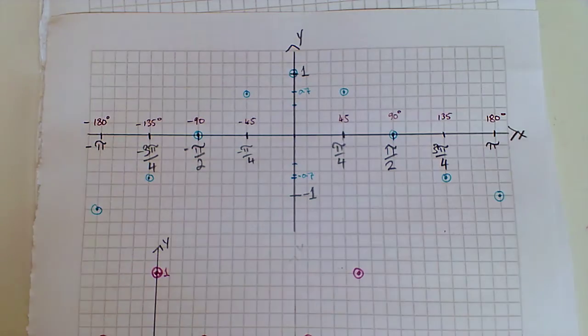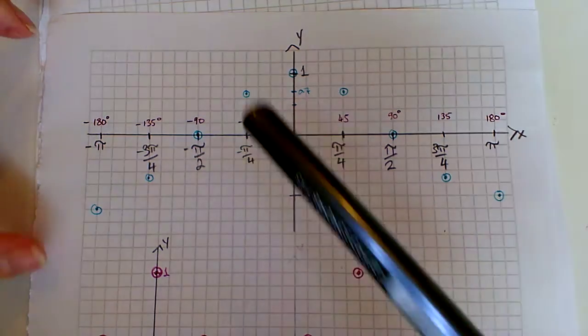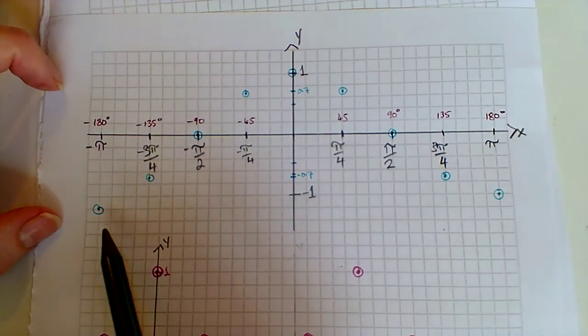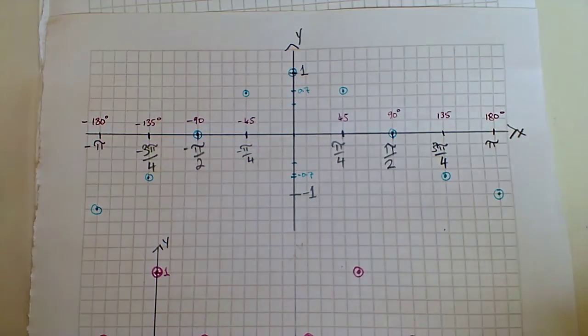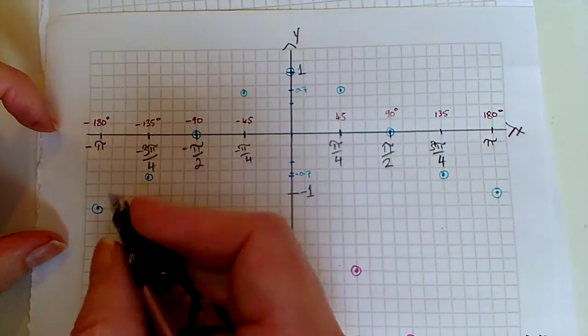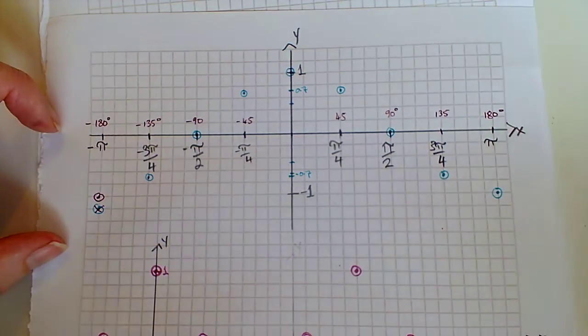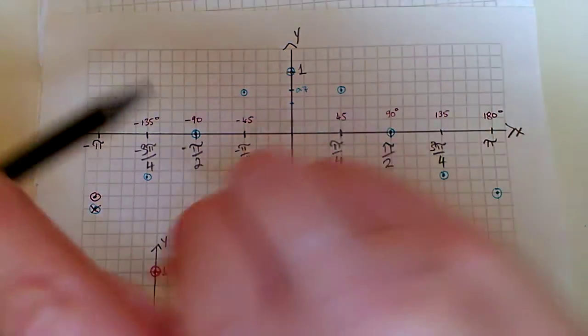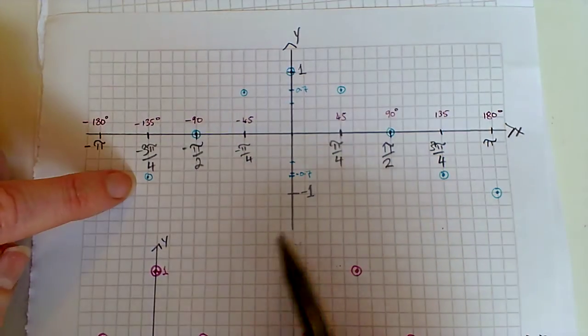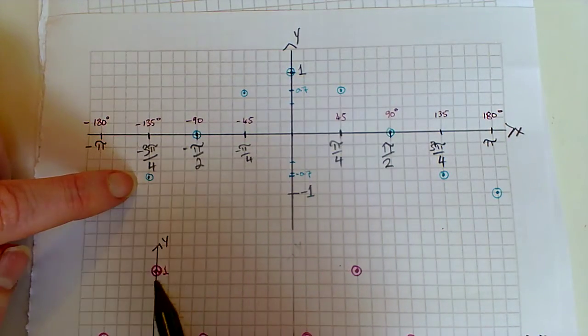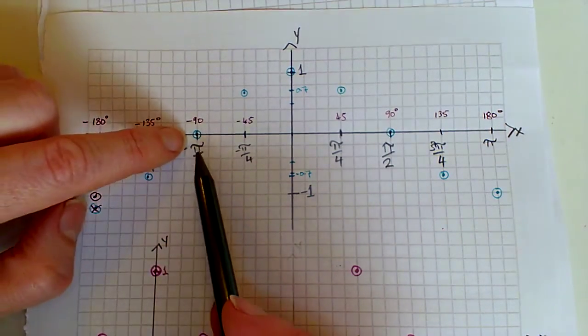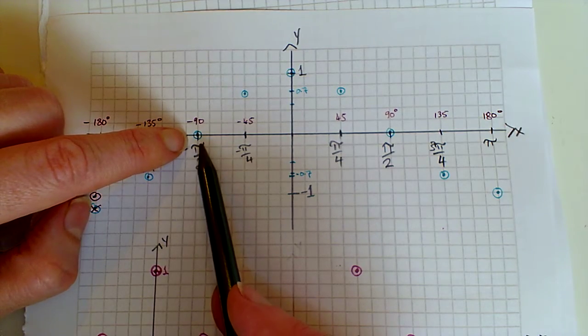So then you'd use an input-output table and work out your different points. So cosine of minus pi is minus 1. It's actually off slightly. Should have been here on that line. And cosine of minus 3/4 pi is roughly minus 0.7. Cosine of minus pi over 2 is 0.